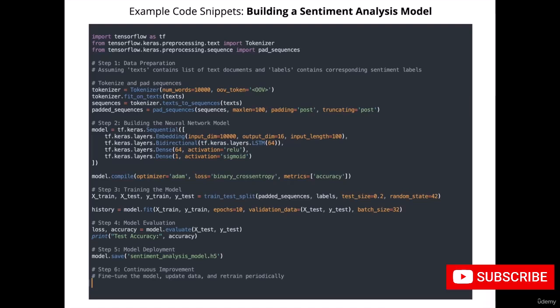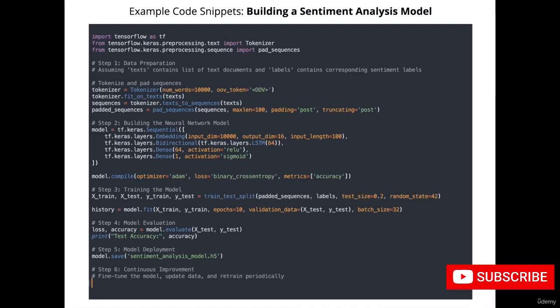Now we have to implement it here by calling the Sequential function of Keras and calling the Embedding function, passing the values. Next is Bidirectional, passing the LSTM layer that we are using. Next, the Dense layers: we call the Dense function, pass 64 and the activation value, and the next one pass 1 and activation of sigmoid.